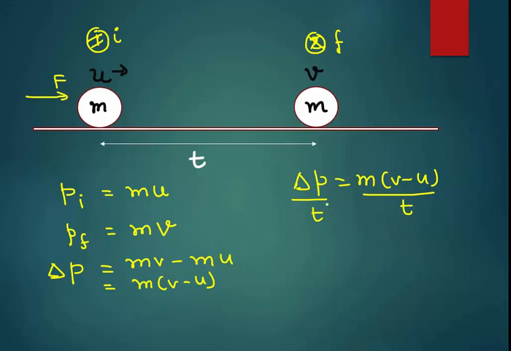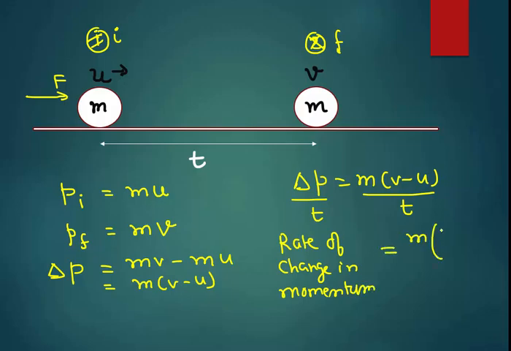then this particular term we call rate of change in momentum, and that is given by m into (v minus u) by t.